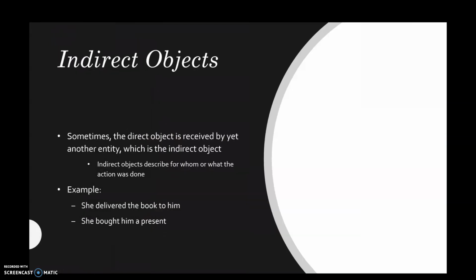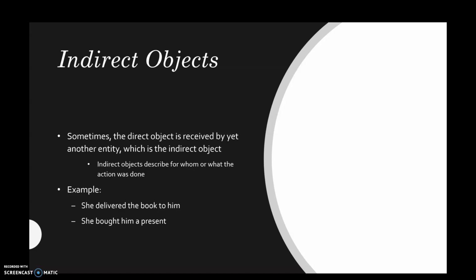Indirect objects occur when the direct object is received by yet another entity. Indirect objects describe for whom or what the action was done, and in a lot of languages they're actually called the who-what case. So example, she delivered the book to him. She did what? She delivered. What did she deliver? The book. And to who or what did she deliver the book? To him.